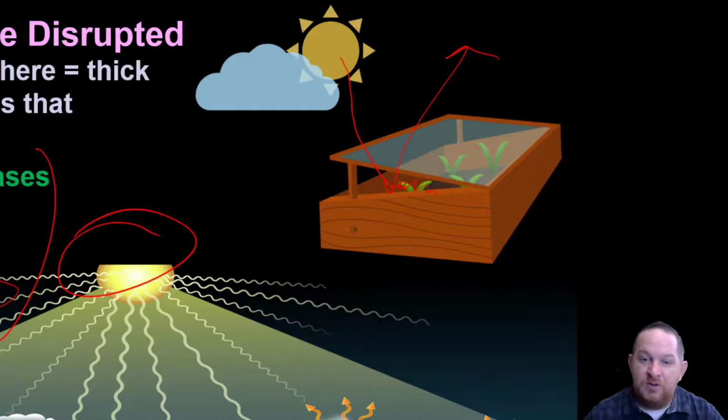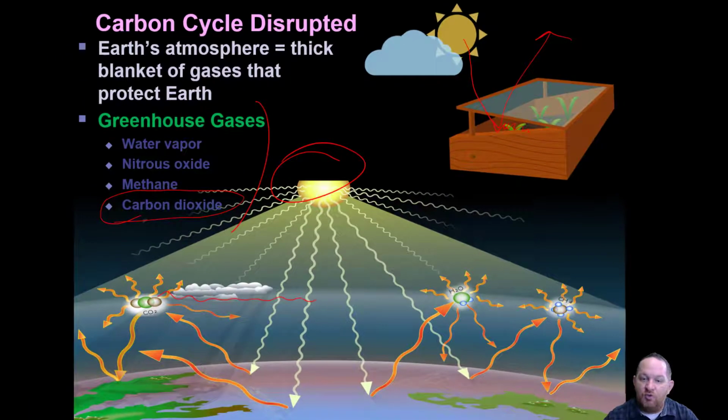However, what's happening on our planet is that we're making a greenhouse unintentionally, or maybe intentionally. I hope that we are unintentional in it. And these gases that are really thick are forming a blanket. So here's what's happening.